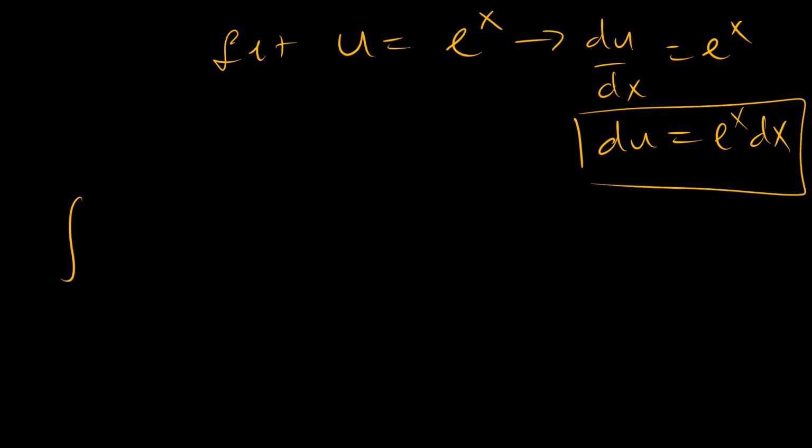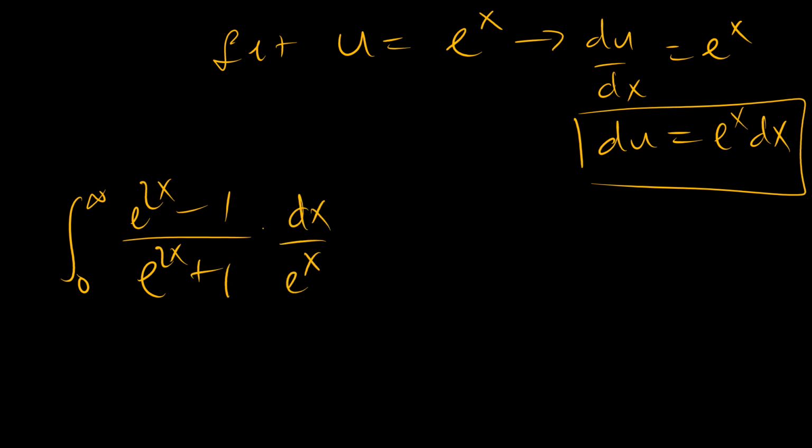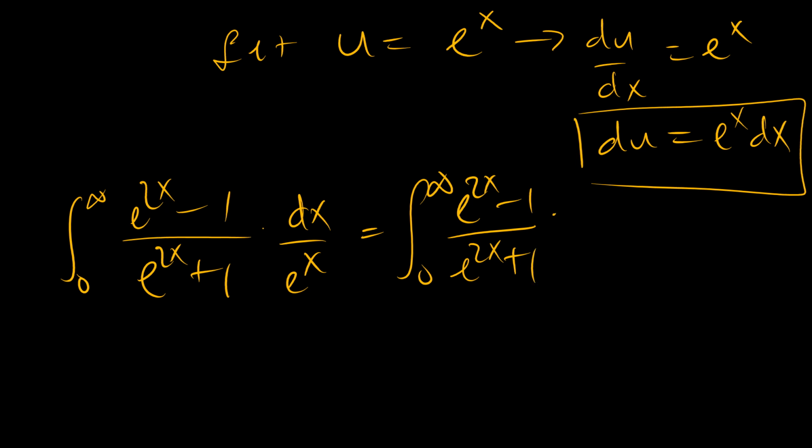So the integral from 0 to infinity of e to the 2x minus 1 over e to the 2x plus 1 is the same as the integral from 0 to infinity of e to the 2x minus 1 over e to the 2x plus 1 times e to the x dx over e to the 2x. We have introduced this e to the x so that we can create e to the 2x in the denominator, and this can be substituted off as du.